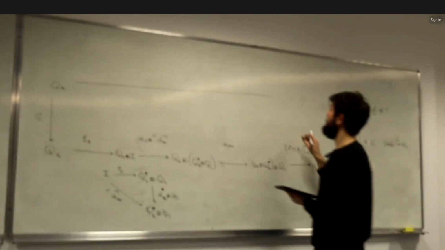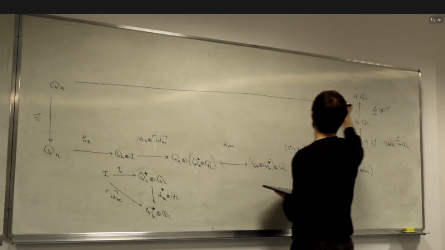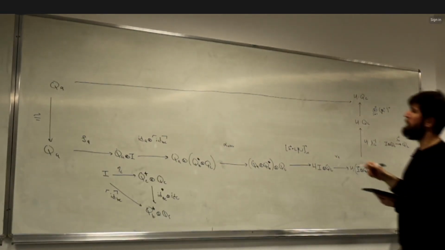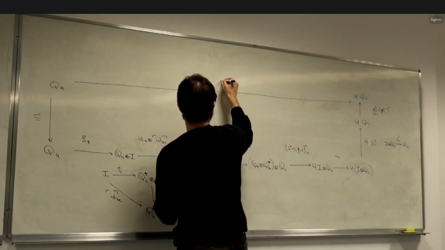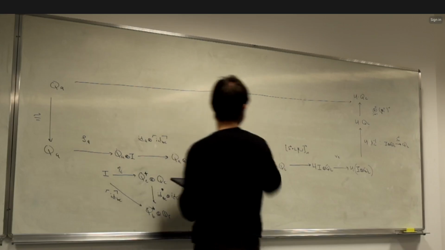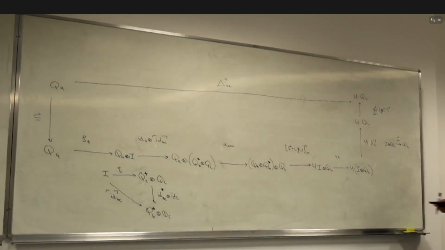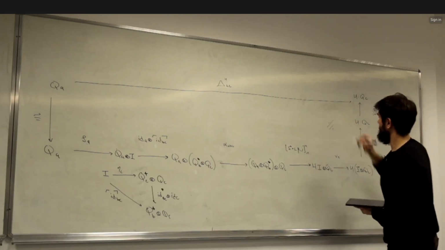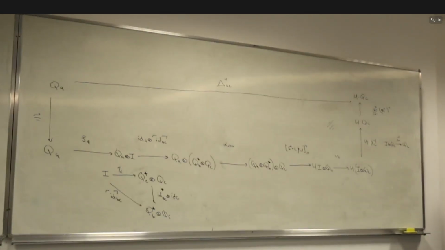And then there's this map that they call delta AC4, and this whole thing, it's claimed that it commutes. So what is the part that I need to talk about here? This is the 4QC. This is the part where you're correcting everything.